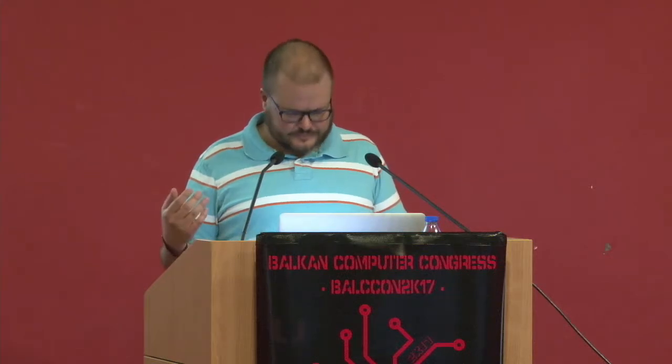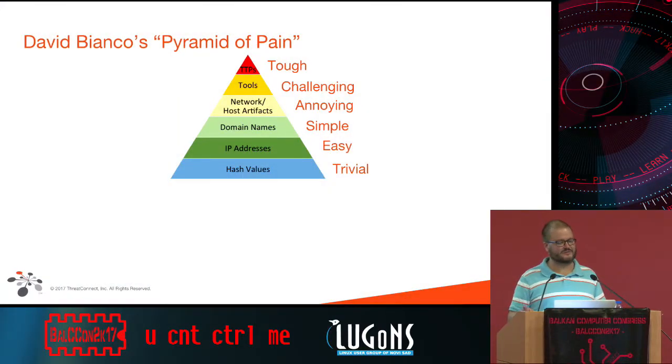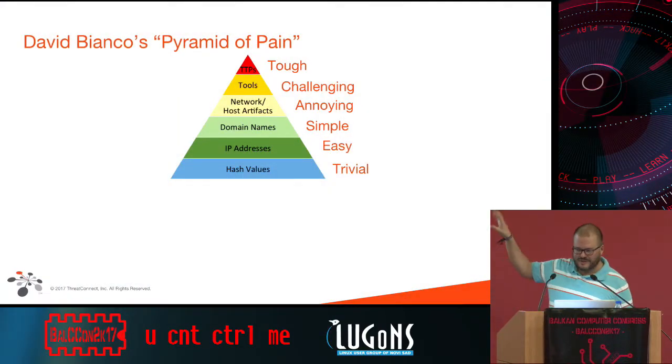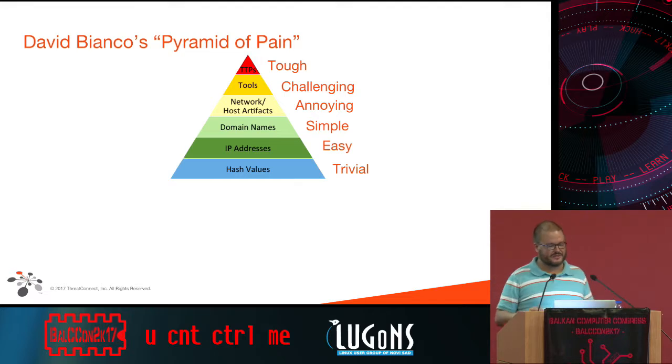Easy, you've got IP addresses, so you run malware through a sandbox, and you get C2 command and control callbacks like IP addresses, domain names, network artifacts. So those are in the middle area, easy, simple, slightly more annoying for network and host artifacts. And the more challenging is tools, so understanding what the tools are that the adversary uses and being able to detect the tools that they're using to attack you.